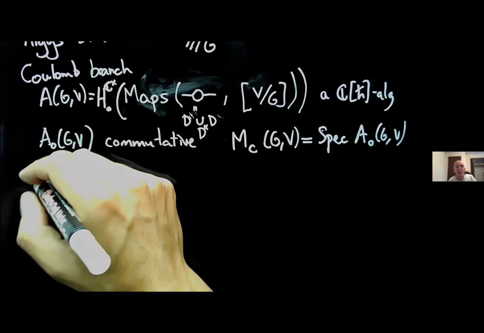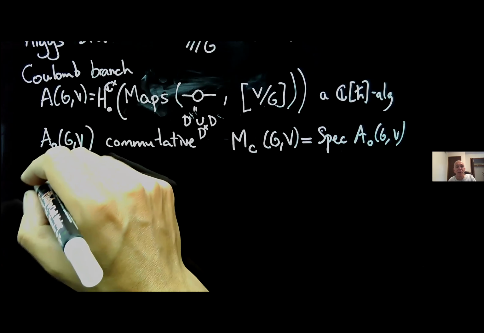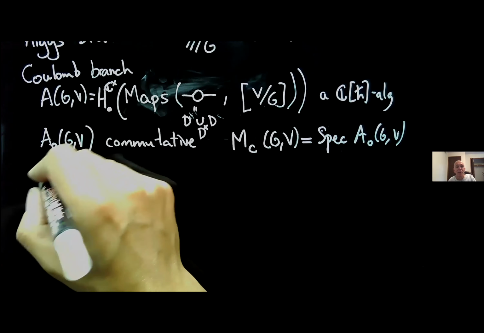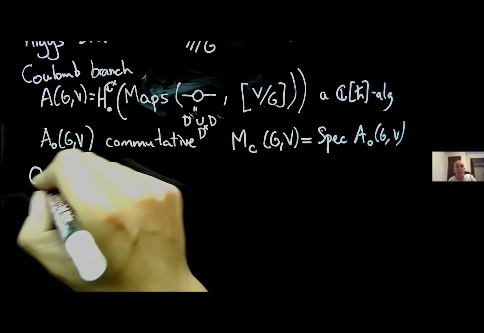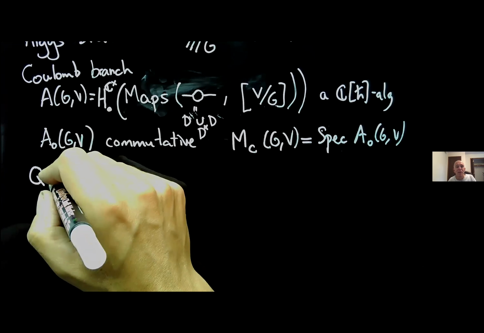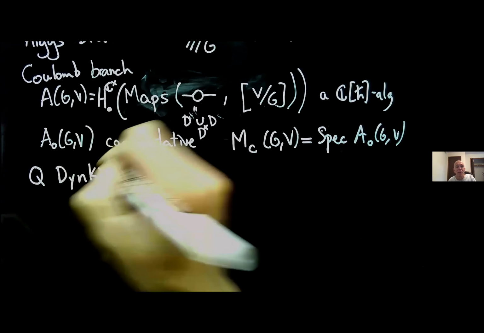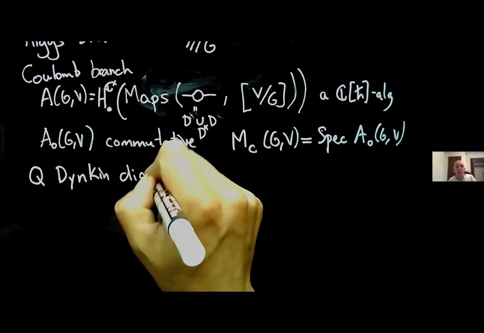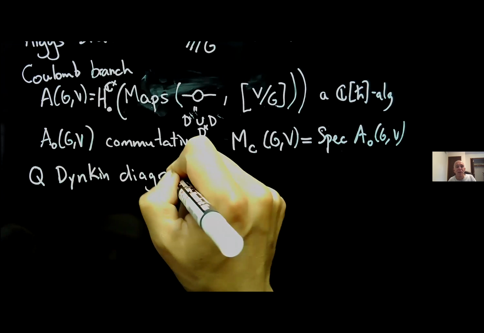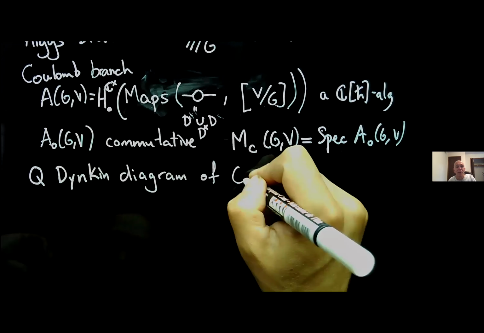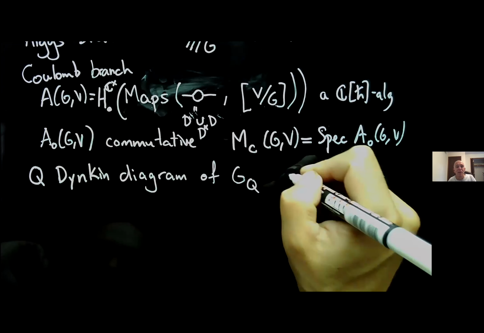So again, G_Q will denote the group from the beginning of the talk. Q will be the quiver associated to its Dynkin diagram, so I mean the Dynkin diagram along with a choice of orientation, and I the vertices.